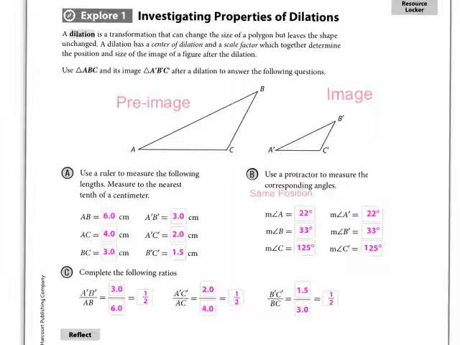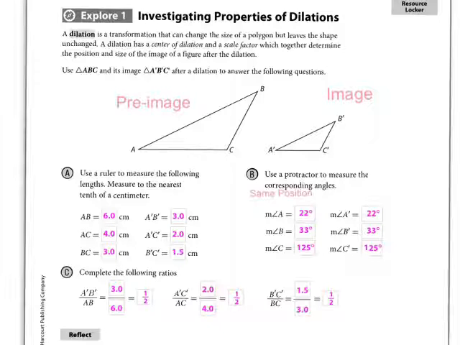Now, if you notice, after they've used the protractor, angle A measures 22. What does angle A prime measure? Also 22. Angle B measures 33. Angle B prime also measures 33. Angle C, which is this angle, measures 125, and angle C prime also measures 125.